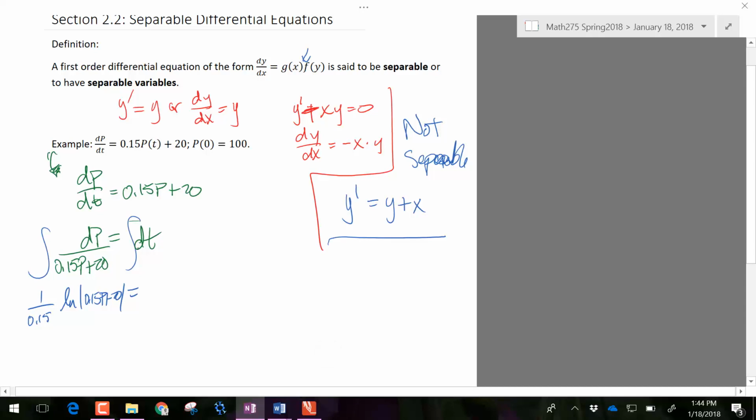And on the right-hand side, you have t. Now there's a constant that would come out on the left side integral and a constant that would come out on the right-hand side integral. So we bring it all to one side, and the c carries a constant from these two.